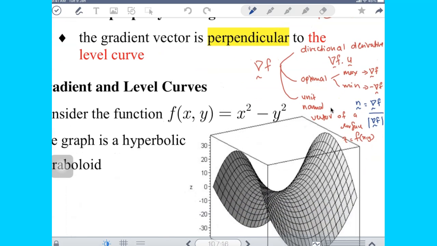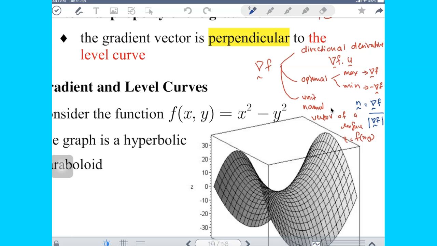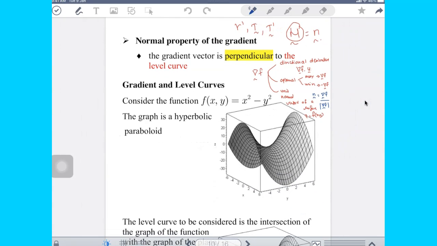Now I want to show you why we can use the gradient to determine the unit normal vector. That is the proof of why we can use the gradient F to evaluate the unit normal vector.